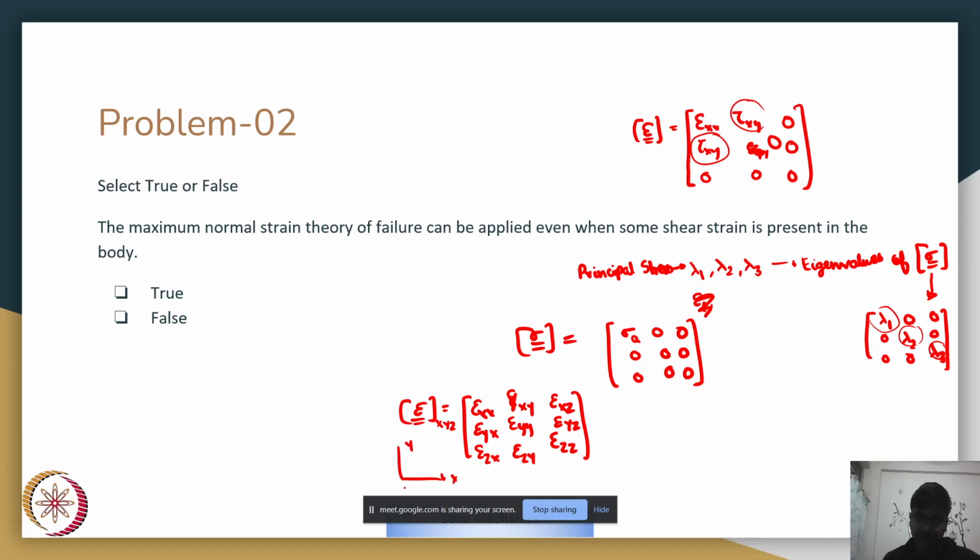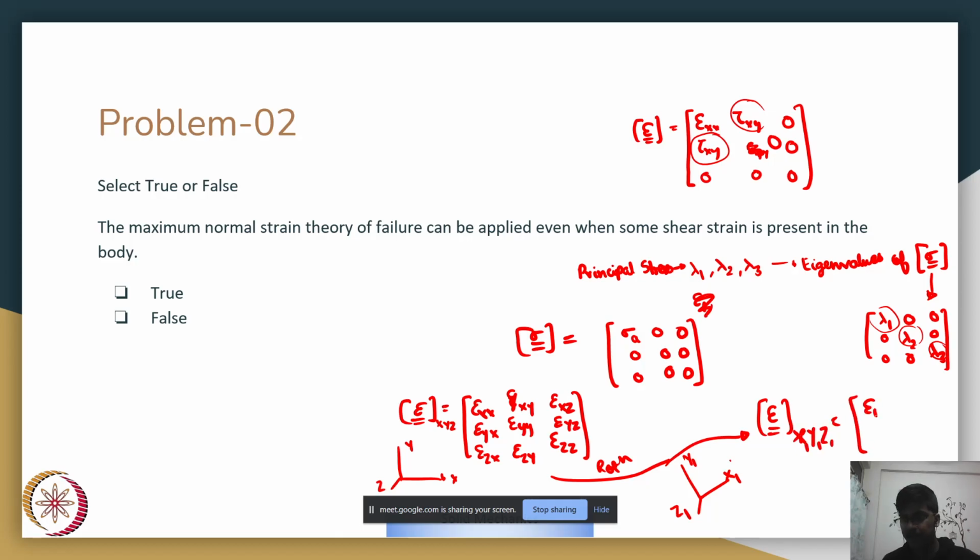What I am now saying is we do a rotation of coordinate system to end up with x1, y1 and z1. In this coordinate system, you can write your epsilon x1 y1 z1 as epsilon 1, epsilon 2, epsilon 3, a simple diagonal matrix.